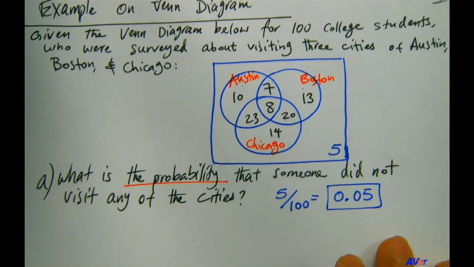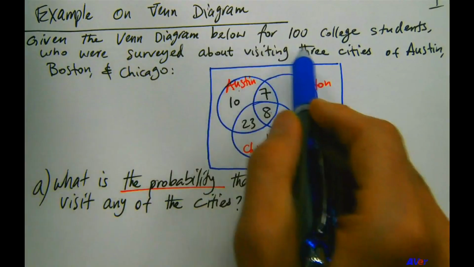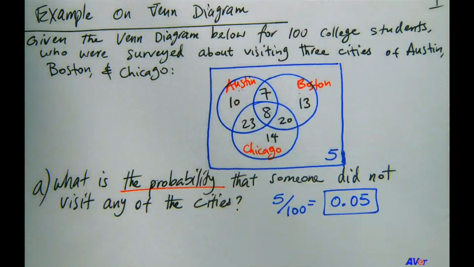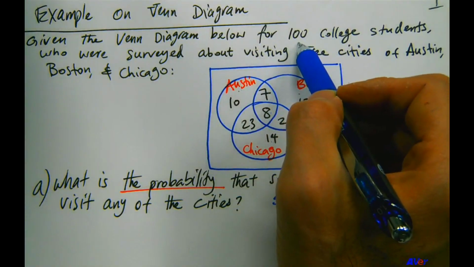Now let me ask you this. This problem is saying, given the Venn diagram below for 100 college students, so they're telling us how many college students were surveyed. But do we need to be told that information? Do we? No. We don't need them to tell us 100 college students were surveyed.